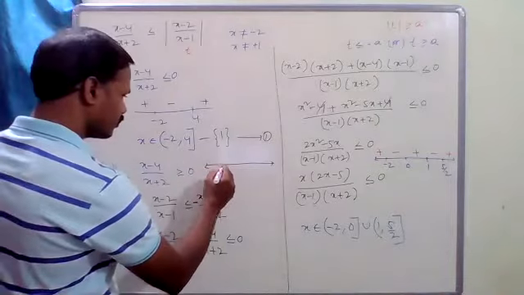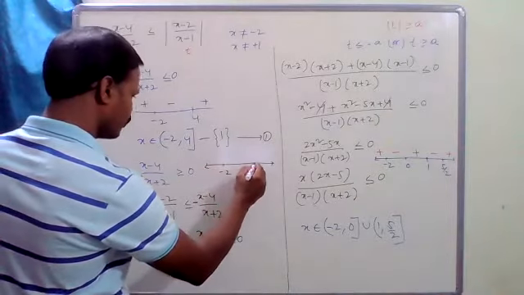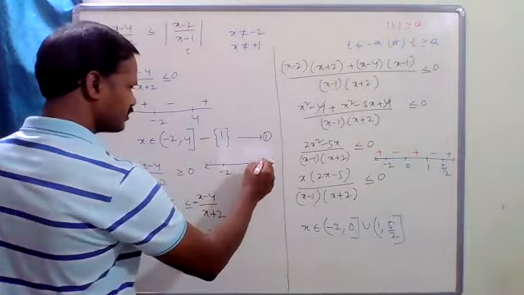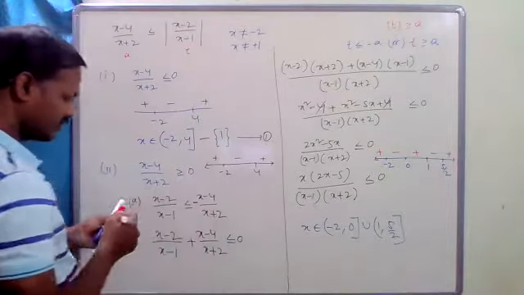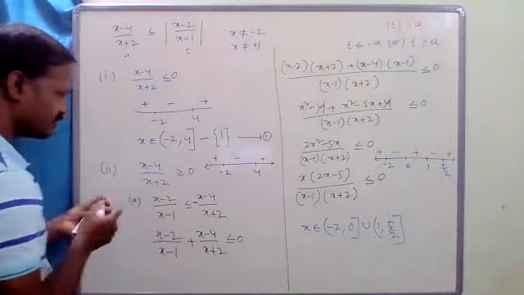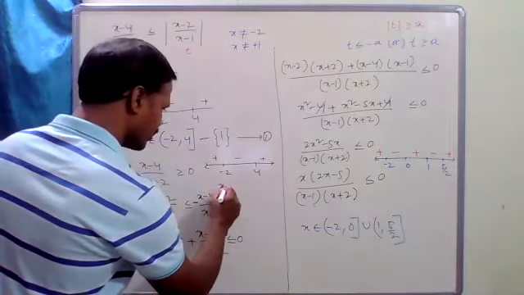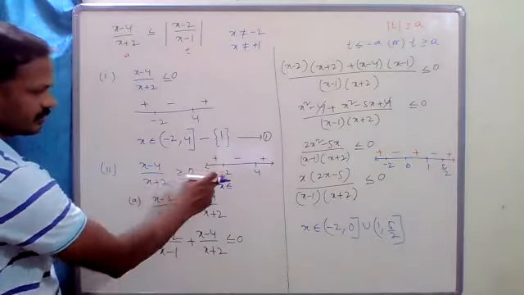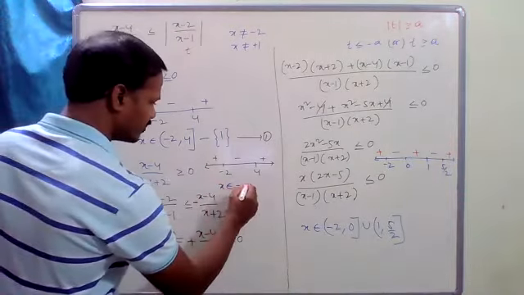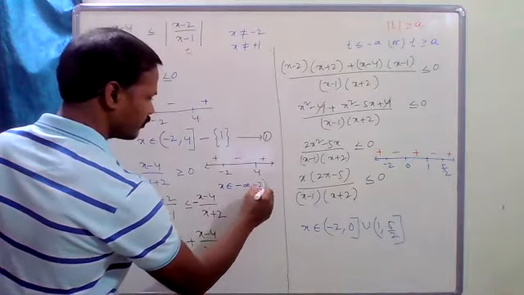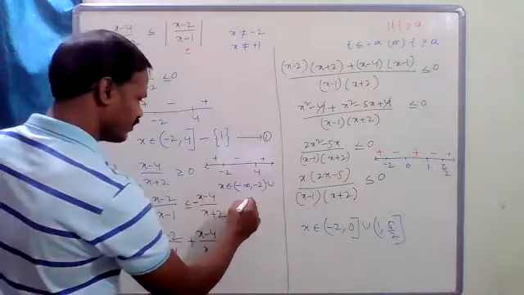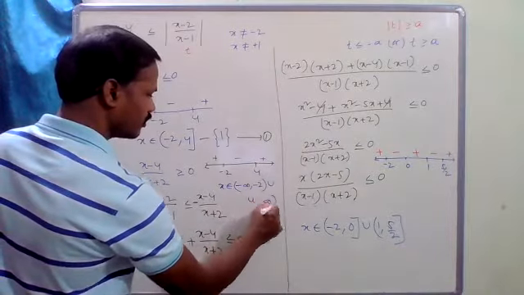Minus 2, 4. So this is plus, minus, plus. Then x belongs to, we want positive, positive means minus infinity to minus 2, union 4 to infinity.